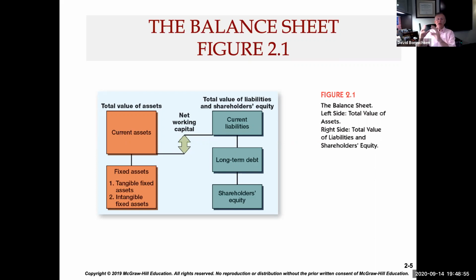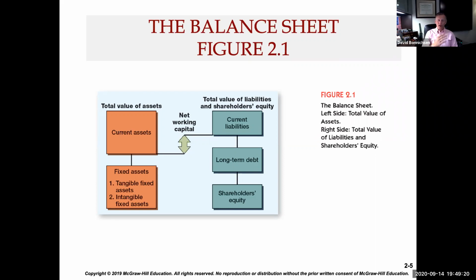So net working capital equals current assets minus current liabilities. And when we get into the Heritage Doll case, and they're looking at expanding one of their product lines, you're going to see the change in net working capital required simply because you're thinking about putting the new product in place.